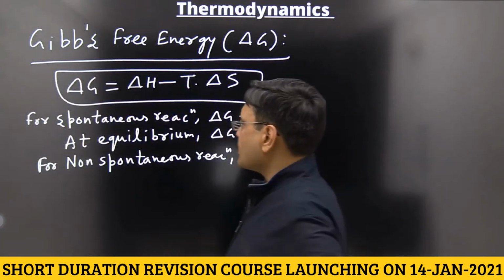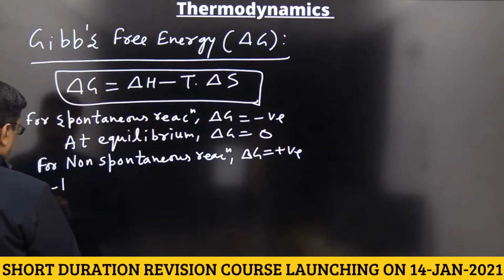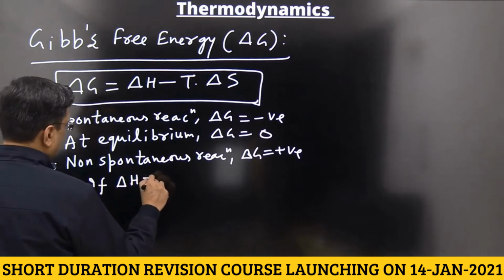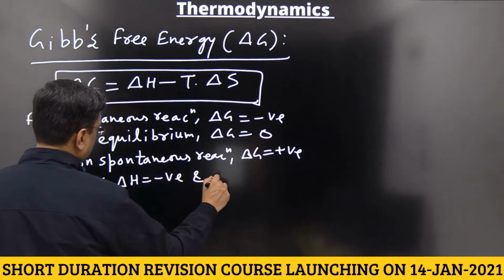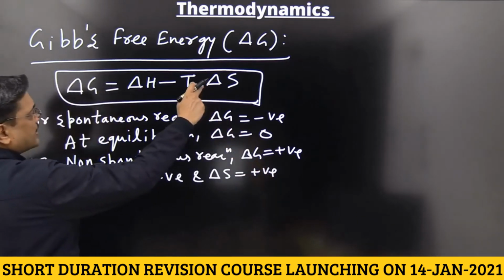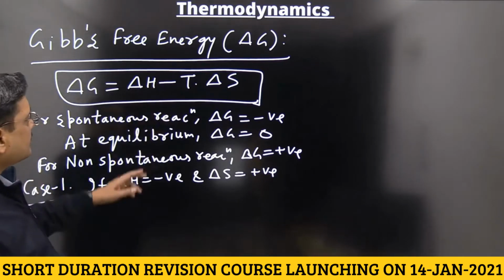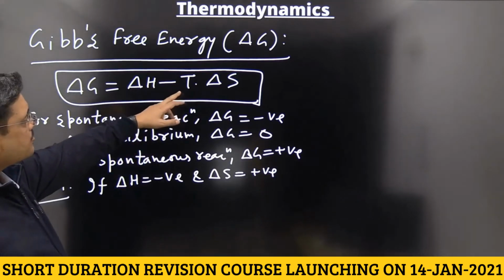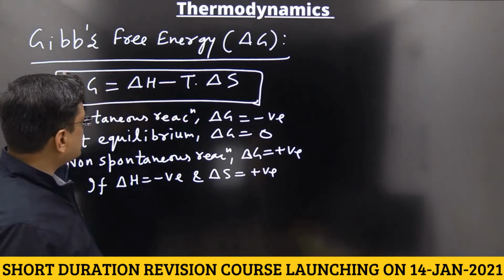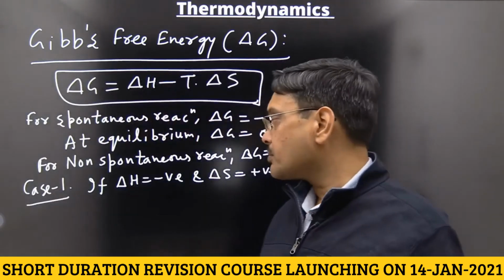Now we deal with some cases. Case 1: if delta H is negative and delta S is positive, then the sign of minus T delta S is negative, because temperature cannot be negative. It is always positive, and delta H is negative. So the sign of delta G is always negative at any temperature.